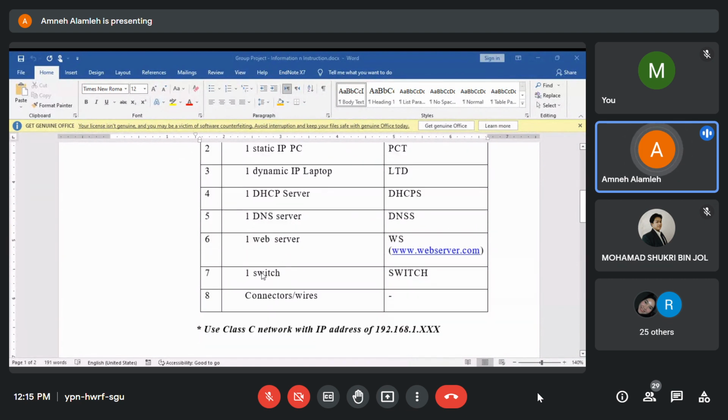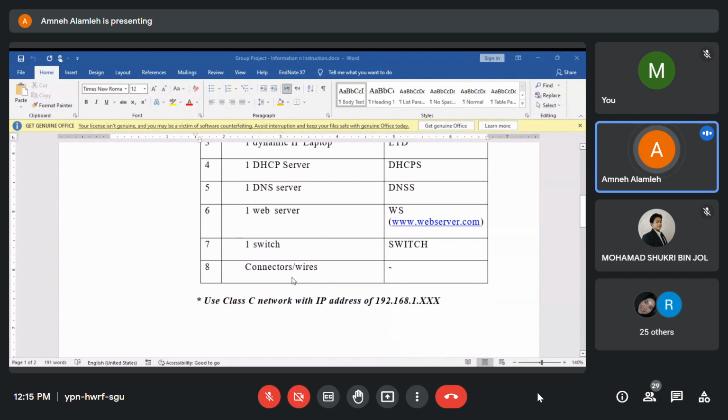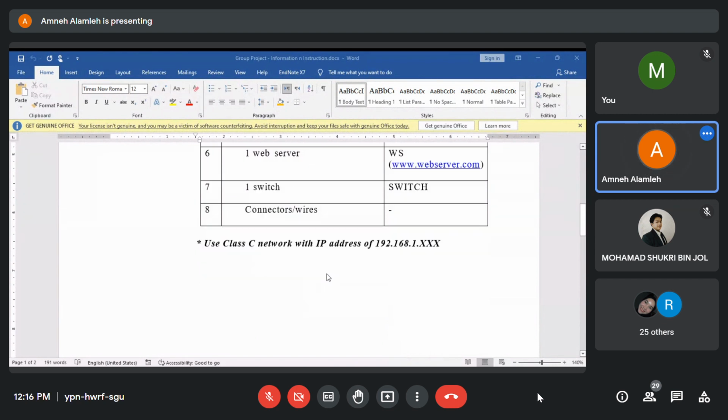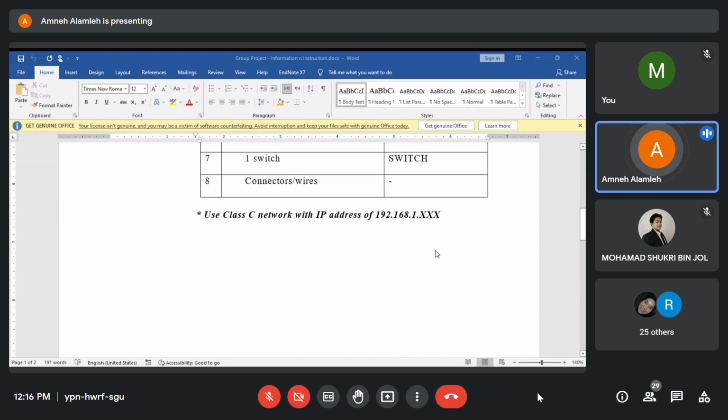And one web server, one switch, connectors using wires. Use a class C network with IP address of 192.168.1.x.